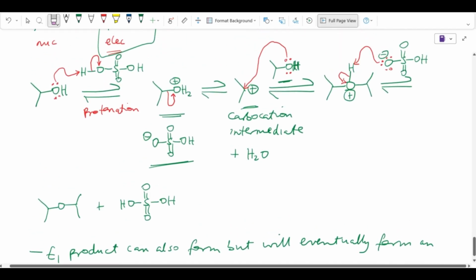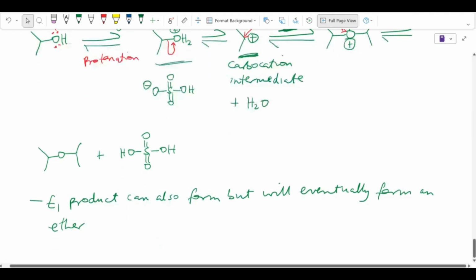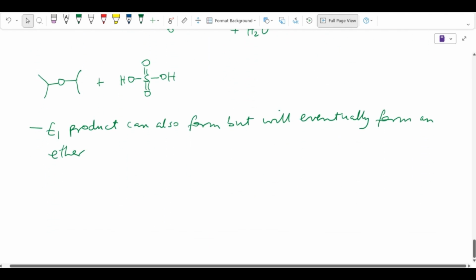And why this could also undergo an E1 mechanism is that from here, the leaving group leaves, forms the carbocation intermediate. This weak nucleophile can also act as a weak base. If it acts as a weak base, it's going to pull off a proton from this beta carbon, and that will give you an E1 mechanism. So we will discuss that E1 mechanism in the next reaction.